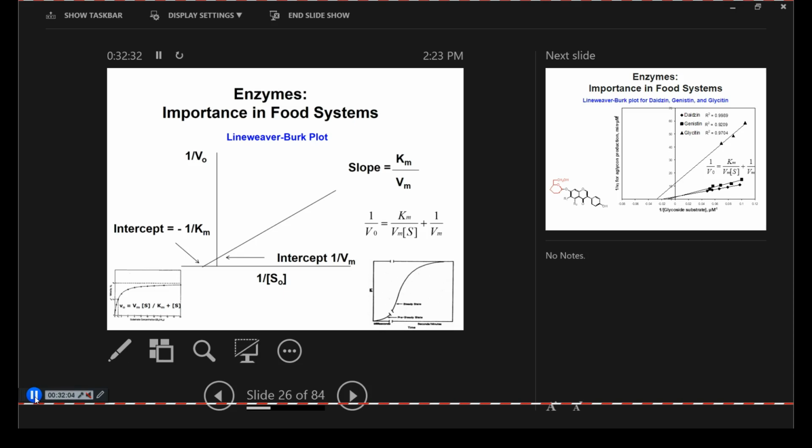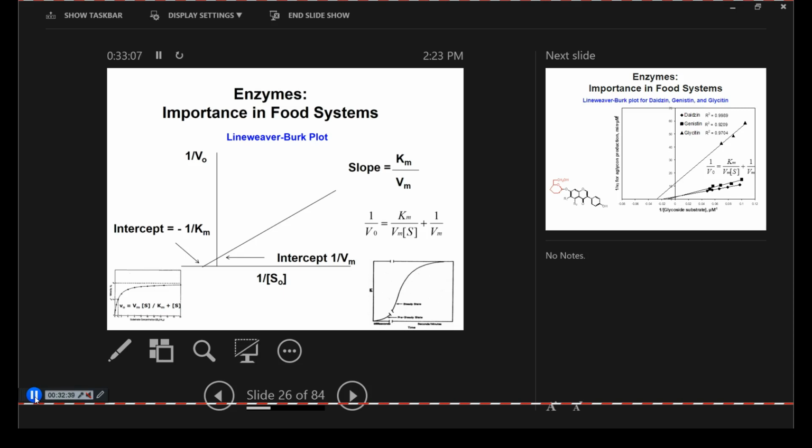So now this is your intercept, right here. That's your intercept. 1 over Vmax. Your slope is Km over Vmax. Your x is 1 over the substrate concentration. So your x here is 1 over the substrate concentration. Your y is 1 over V0, which is your dependent variable.